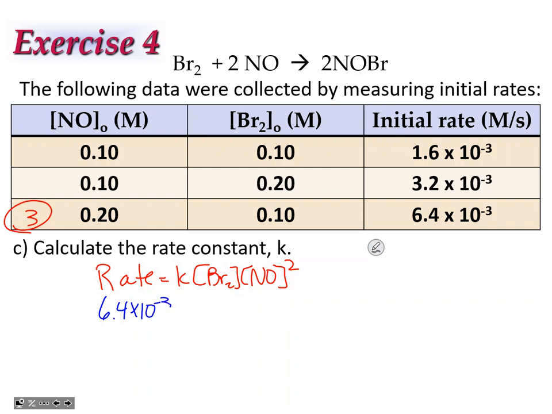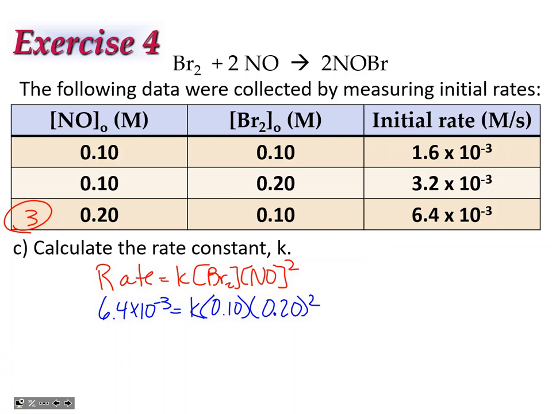6.4 times 10 to the minus 3 equals K times, here's our bromine, oops, not 1.0, 0.10, and our 0.2 squared. Get out your calculator, let's do that math. So 6.4 times 10 to the minus 3 divided by 0.1 divided by 0.2 squared.